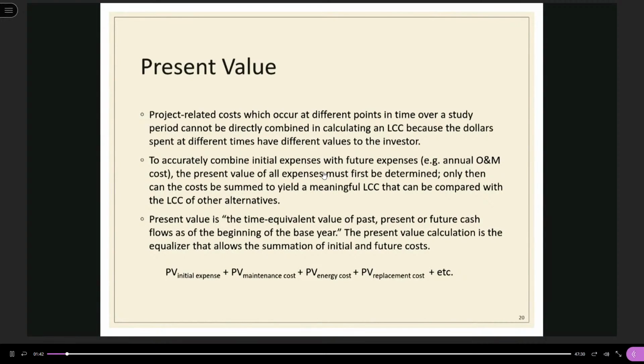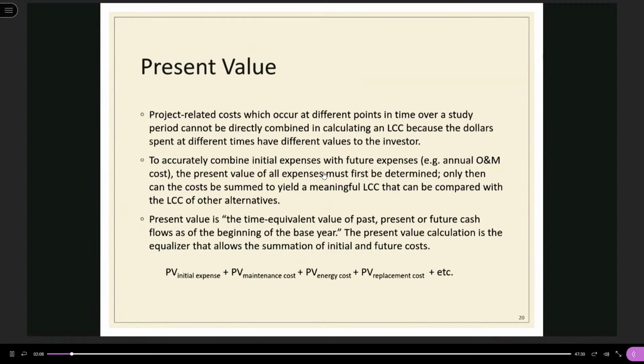So today I spend $100, and then 2 years later I spend another 100. I cannot just add up 100 plus 100, because maybe 2 years later that 100 is only worth $50 to me today. So we need to convert all the future dollars into a present value so that we can add them up.